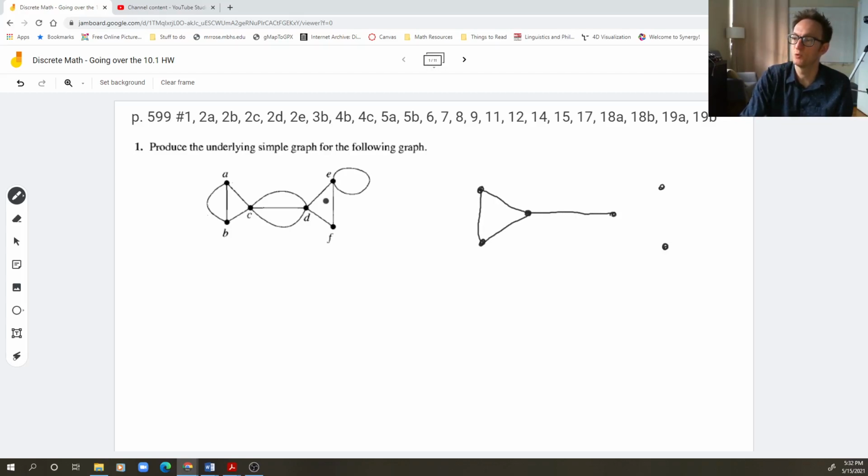And that's just it. This is the graph. This is of course A, B, C, D, E, and F. And so basically you can think of the underlying simple graph as the graph which just is seeing if two vertices are adjacent. Okay, that's all I have to say about that.